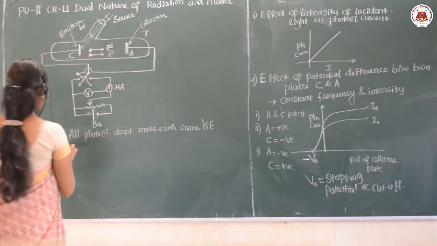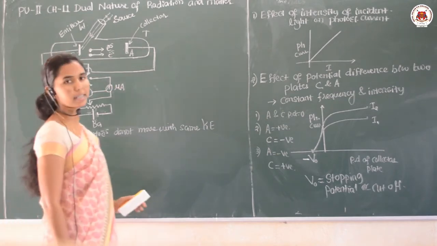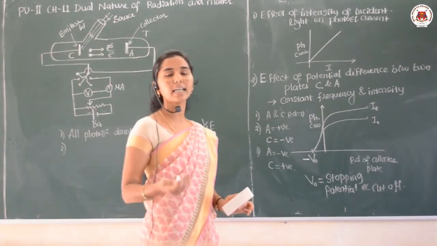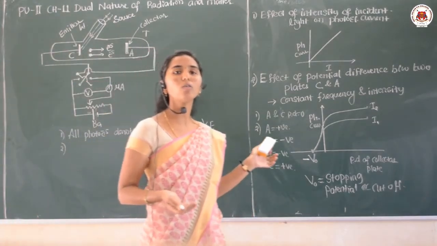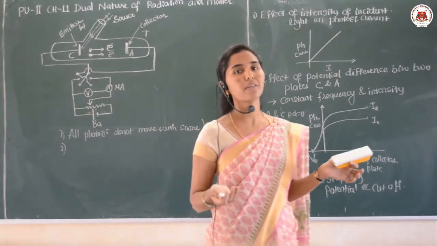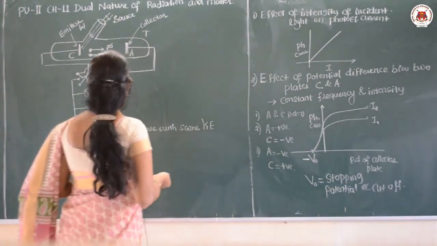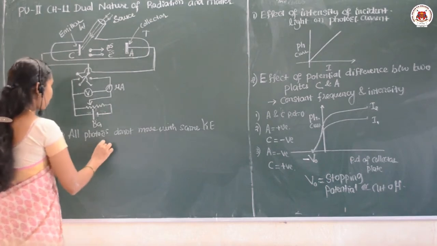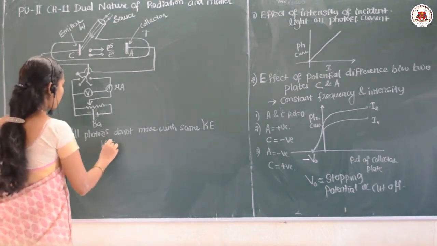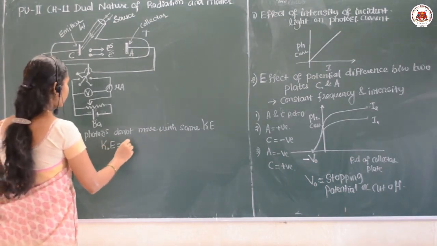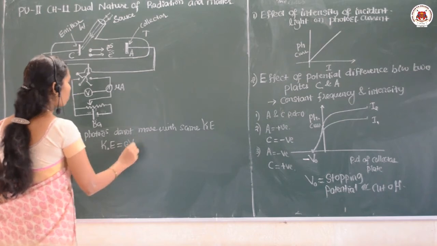Then how to increase that kinetic energy? If you want to increase the kinetic energy, we have to increase the potential difference between the plates. Therefore, here I can write the kinetic energy is equal to eV0.